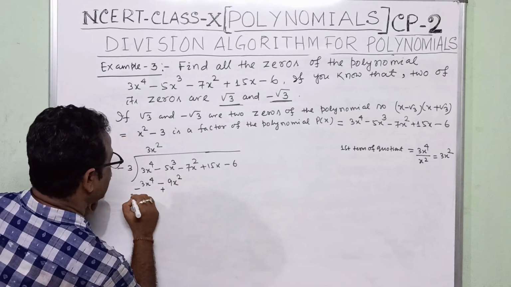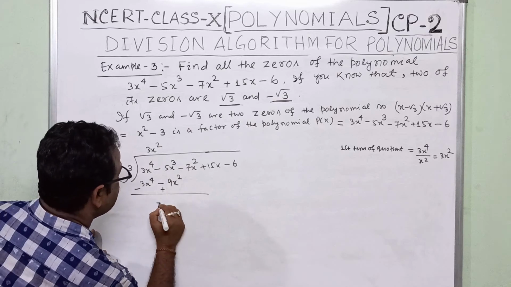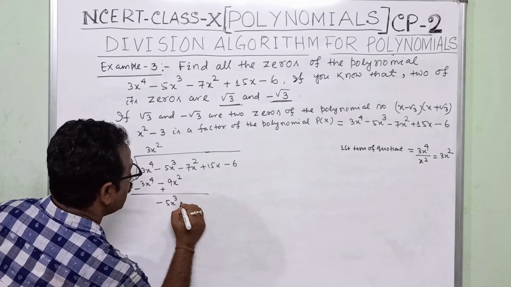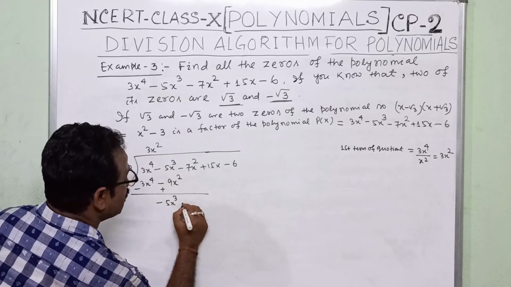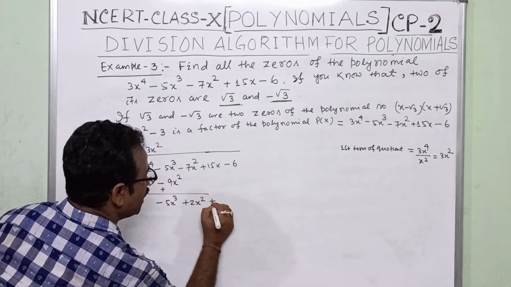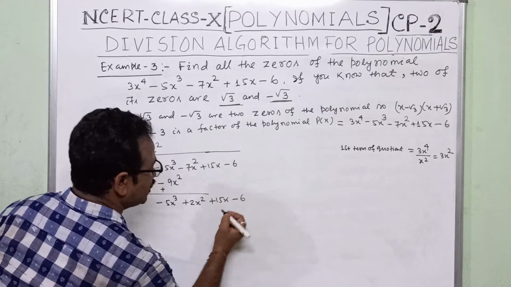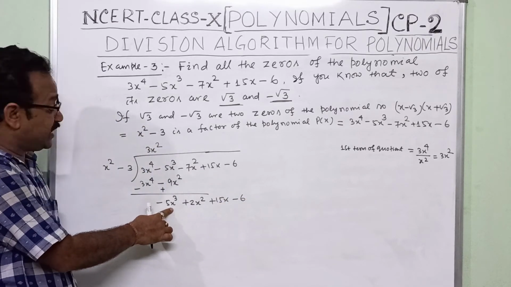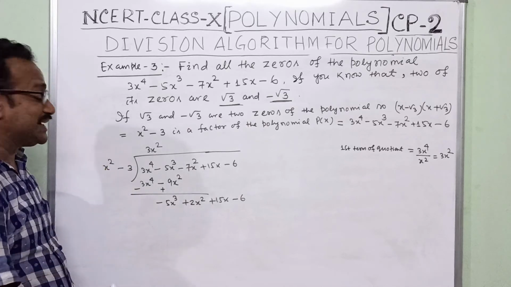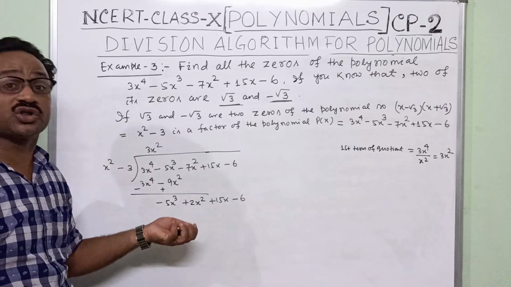So plus minus, this is cancelled. Now coming minus 5x cube. Minus 7x square plus 9x square is equal to plus 2x square, plus 15x minus 6. Now here see, the degree of R(x) is more than the degree of G(x). So we will proceed for further division.